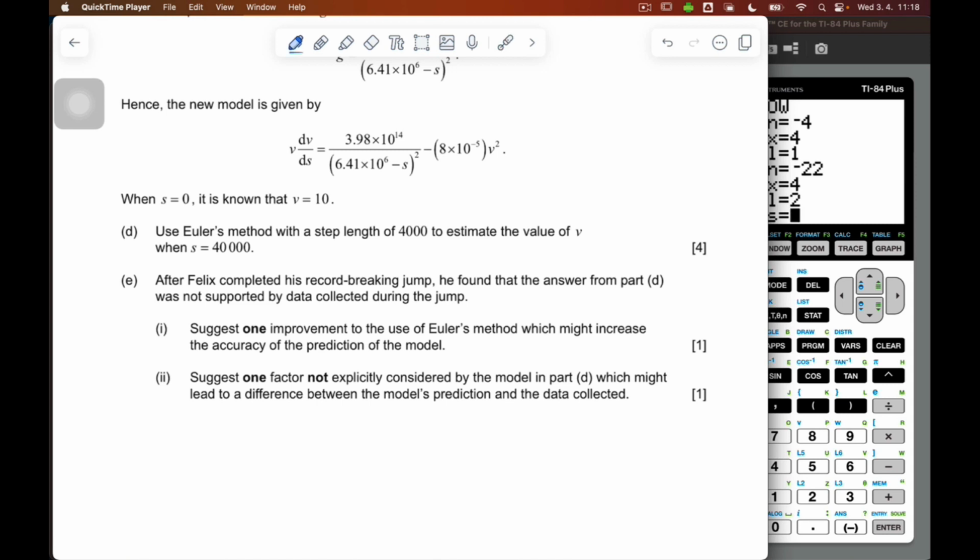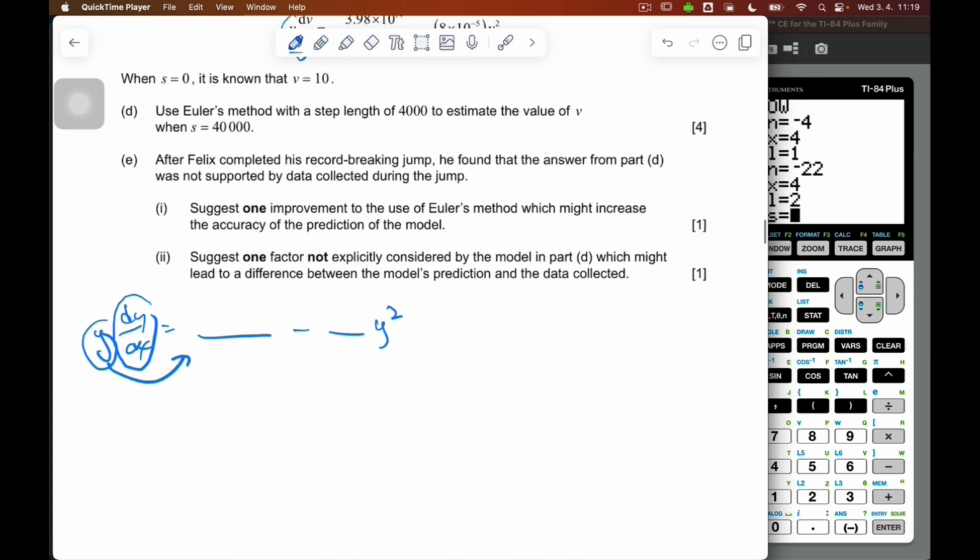Well, if I look here, it gets confusing as it's all v's and s's, and we're used to dealing with dy's and dx's. If this was the scenario, this is saying y dy dx equals all that minus something, and this is going to be y squared. Okay, and so if I want to use Euler's method, I need to divide by this y value, which in this case is v.